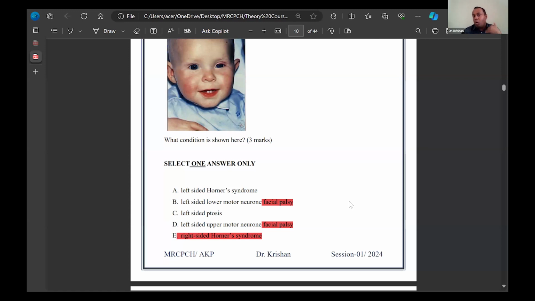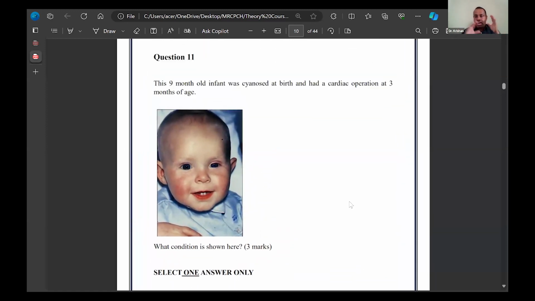You don't see them in this picture. Horner syndrome is commonly secondary to thoracic or cervical primary tumors, or it could also be due to damage to the cervical chain, which could be possible because this child has undergone a cardiac operation. That is the relevance of this cardiac operation to this question.